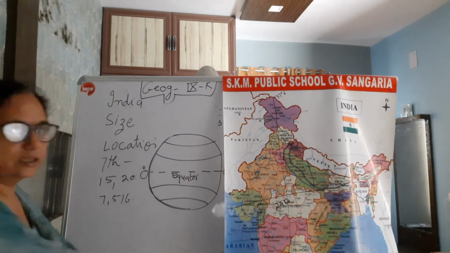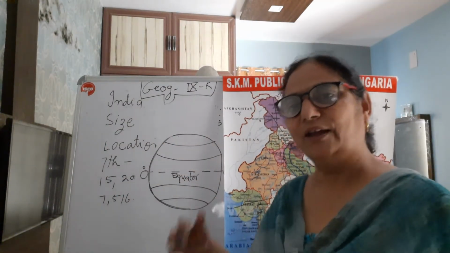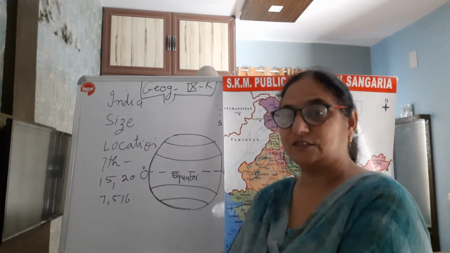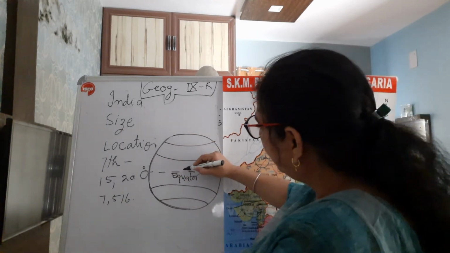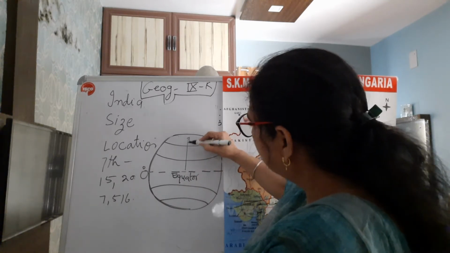In other words, it is called the largest latitude. And very important, this largest latitude divides the whole world into two equal halves.